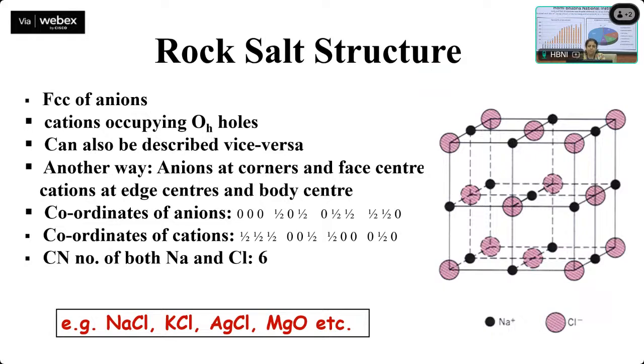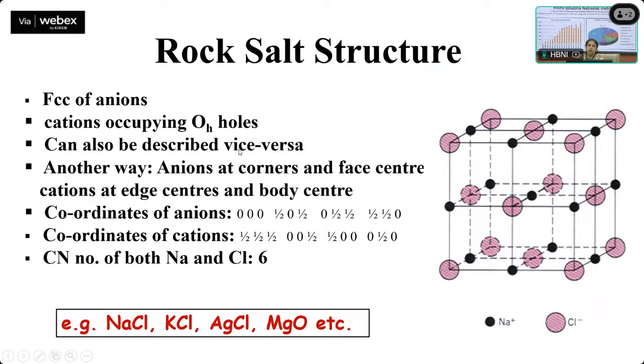Now we will talk about all the 3 strategies that we talked about at the start of the class: how to define the structure in terms of unit cell, how to define the structure in terms of close packing, and how to define the structure in terms of space filling polyhedra. It can be defined as a face centered cubic unit cell or lattice of anions, where anions occupy the corners, as you can see here, anions are the bigger balls, and also occupy the centers of the faces.